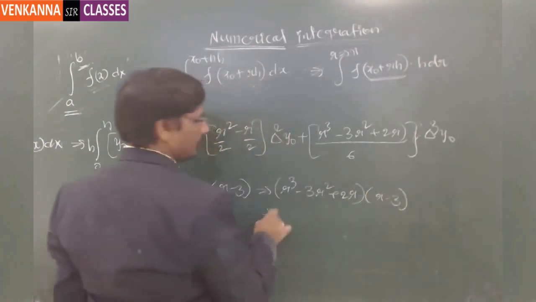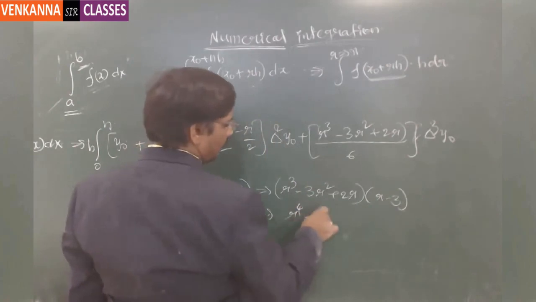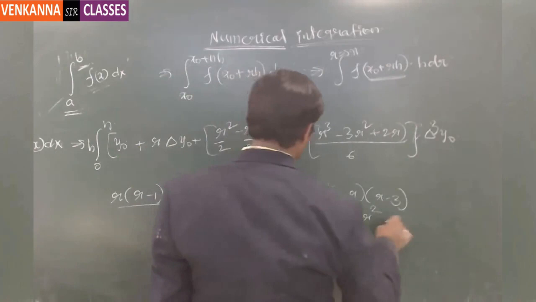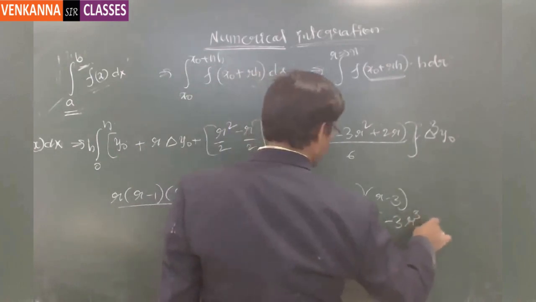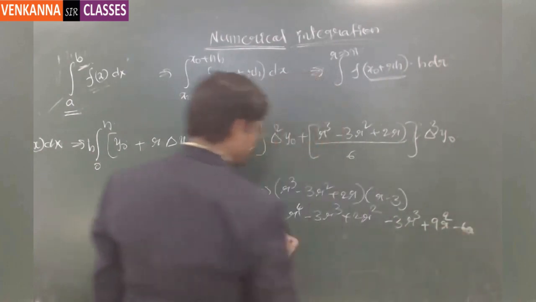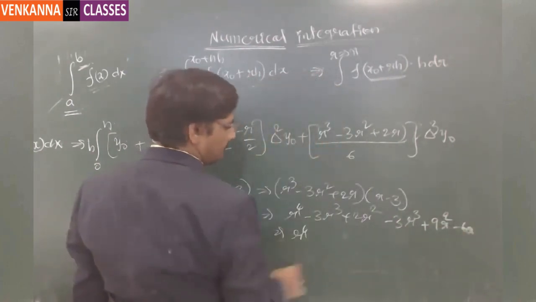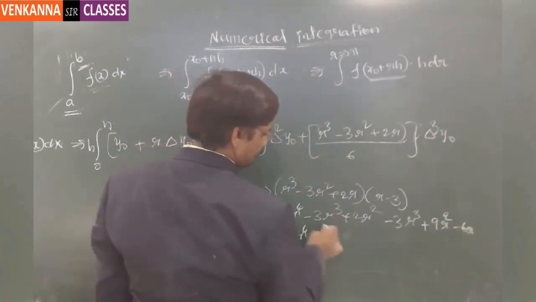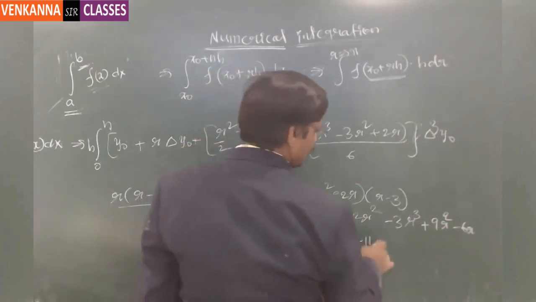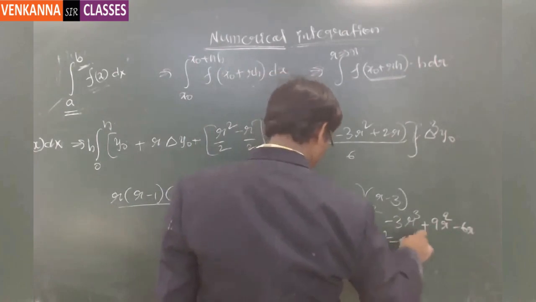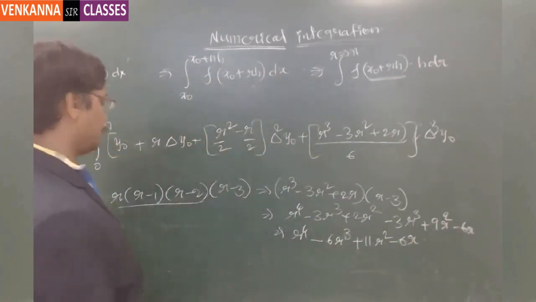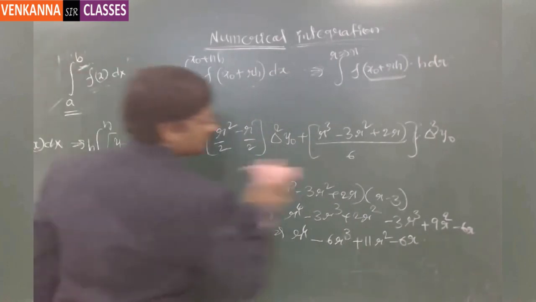So this is going to be r power 4 minus 3r cube plus 2r square minus 3r cube plus 9r square minus 6r. This is r power 4 minus 6r cube plus 11r square minus 6r. Okay, so this one you can substitute here.